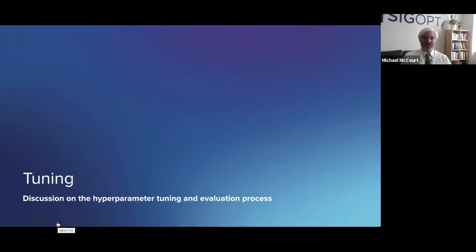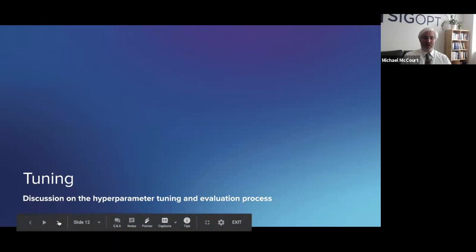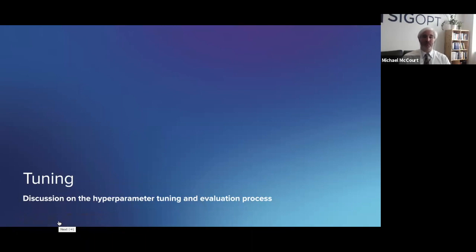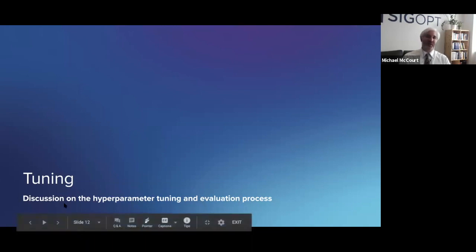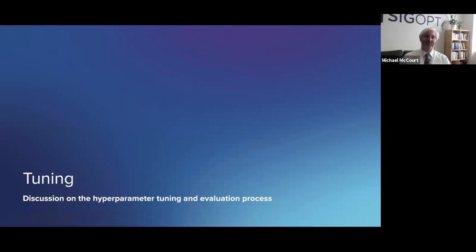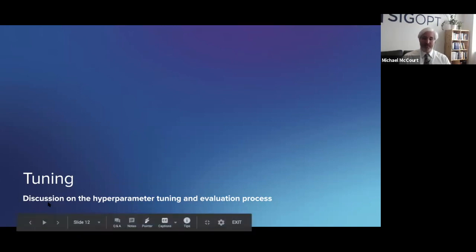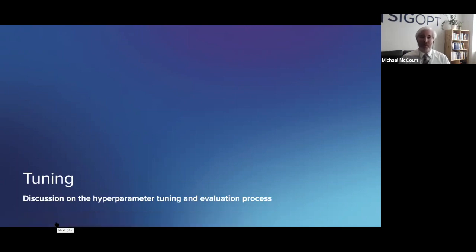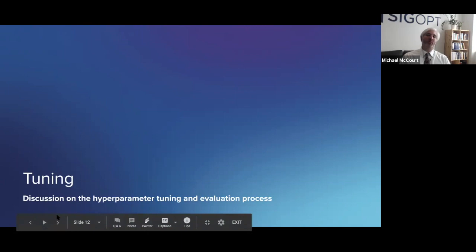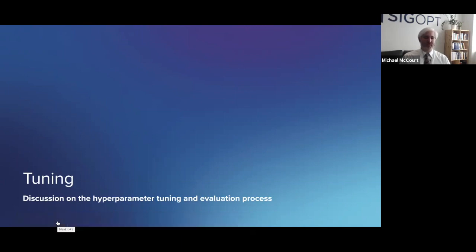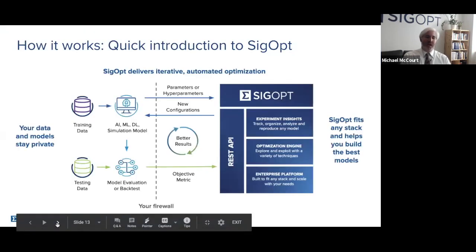In particular, on the tuning front, our goal here is to take decisions which are very hard to make in a vacuum, decisions about things such as learning rate, or data augmentation parameters, and try to make them both effectively but also efficiently in the context of metrics which are of relevance in the specific project which we're studying. First thing I'd like to do is quickly give a brief introduction to SigOpt.